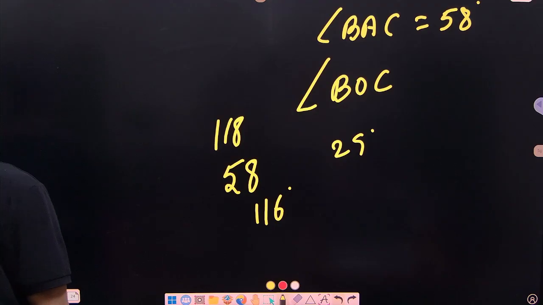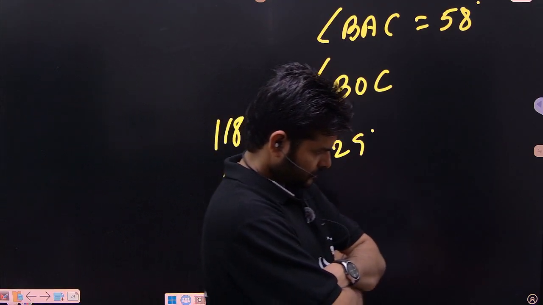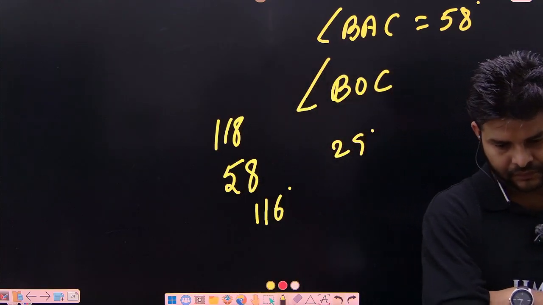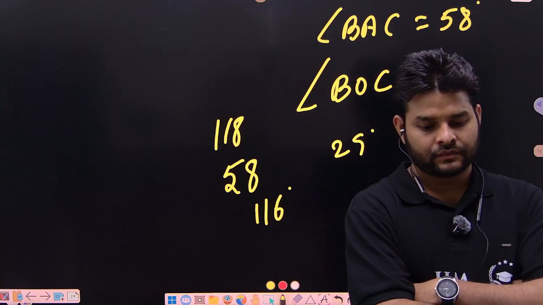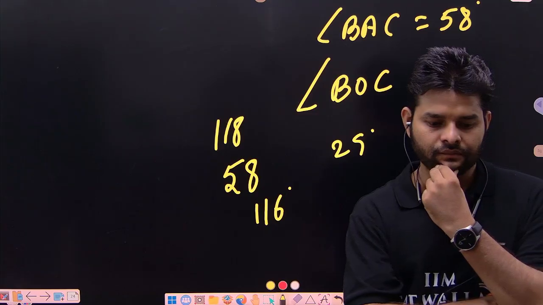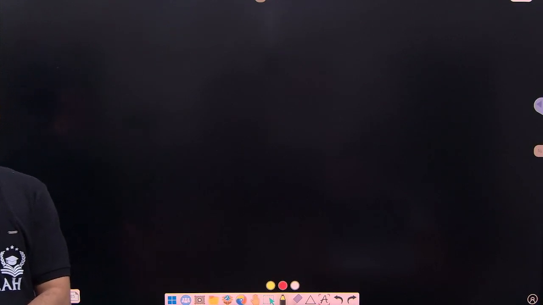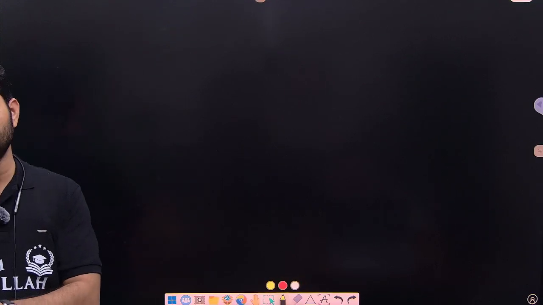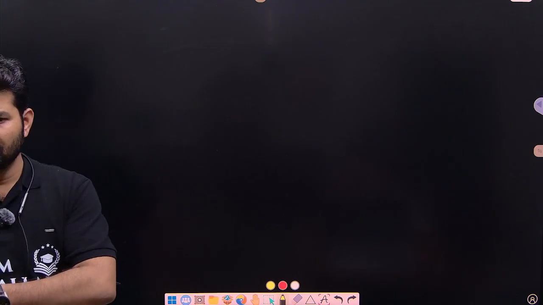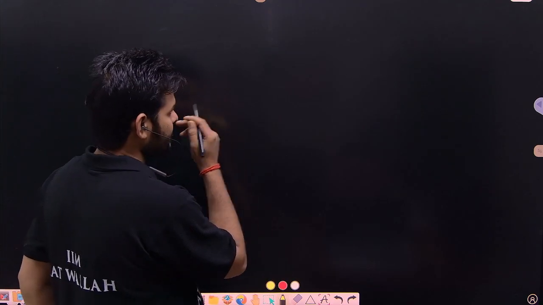Guys, what would be the answer? So basically, when I teach you the concepts of circle, the day after tomorrow we are going to start circle. So in circle, you will see a very beautiful relation.